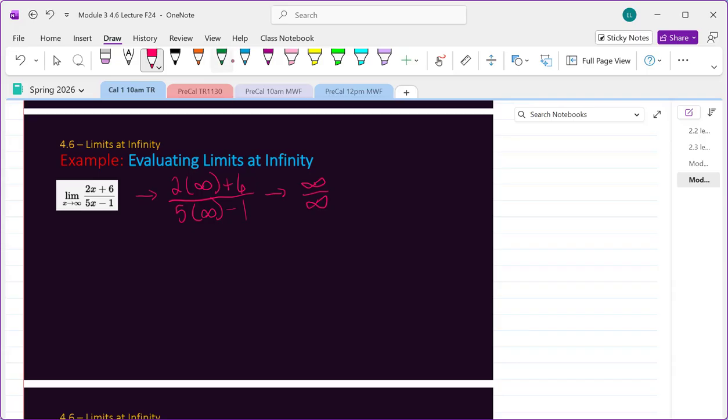Infinity over infinity is what we call an indeterminate form, because we don't know, as weird as this sounds, which infinity is bigger. Like, which infinity has more control over this double-decker bus. So when we get infinity over infinity like this, then we've got to go back to the drawing board, reconsider some things. But overall, this is a fraction.